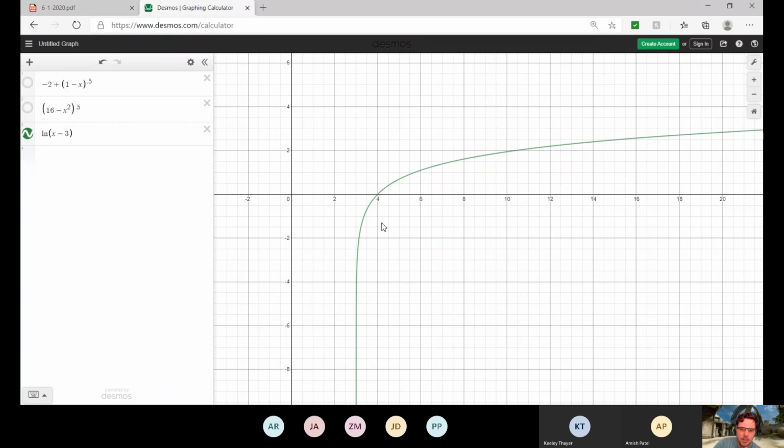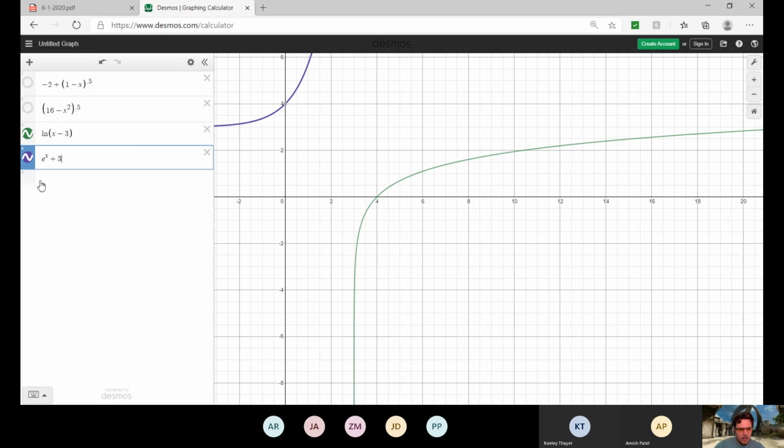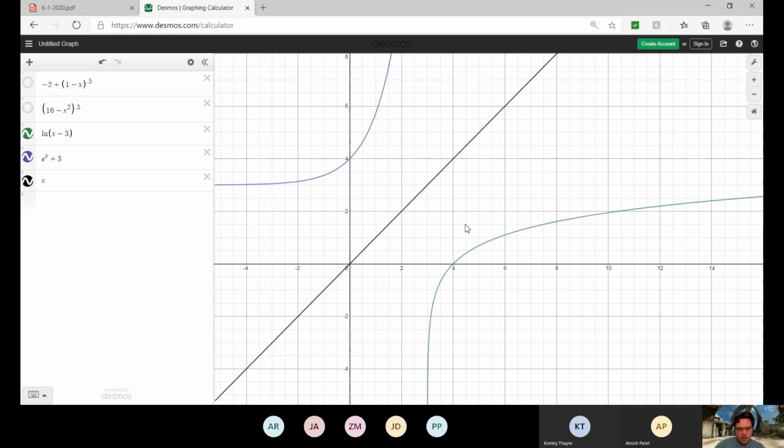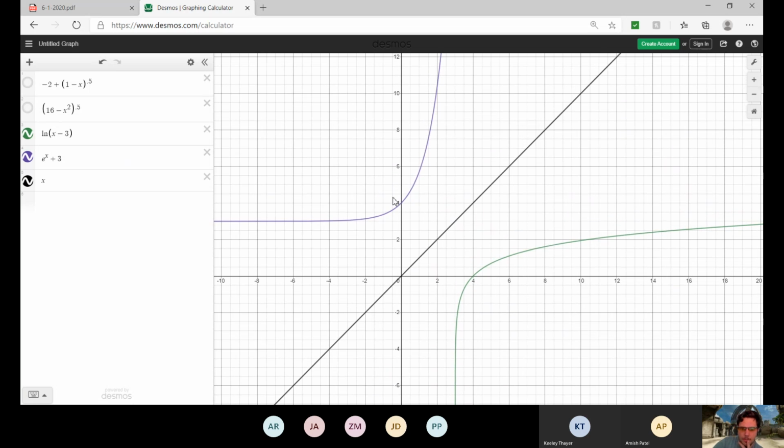And it's because it's the inverse of an exponential equation. So if you have e to the x plus 3, and then you have this one, an inverse reflects the function across the y equals x line.